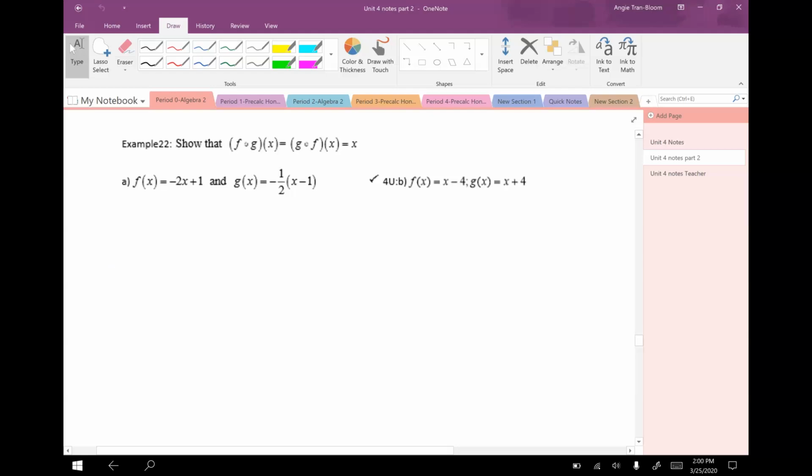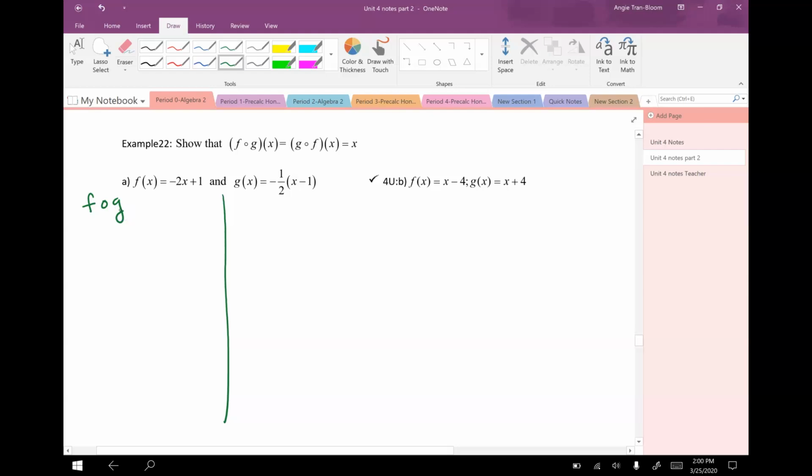Example 22 said, show that f composed with g of x is the same thing as g composed with f of x, which they both are equaling to x. So what you want to do is prove this. Show that means you're about to prove it, and you are going to prove it both ways.